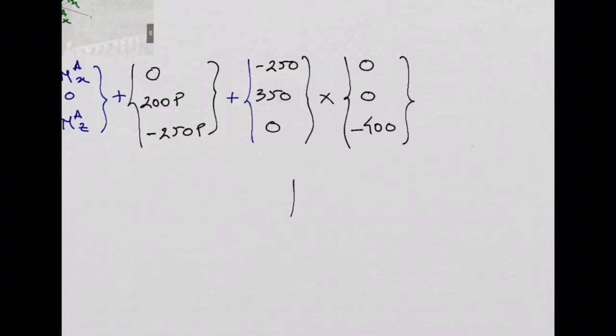Let's do this cross product. Look, x component: 350 times minus 400, minus 0 times 0, so we get minus 350 times 400. The x component is this.